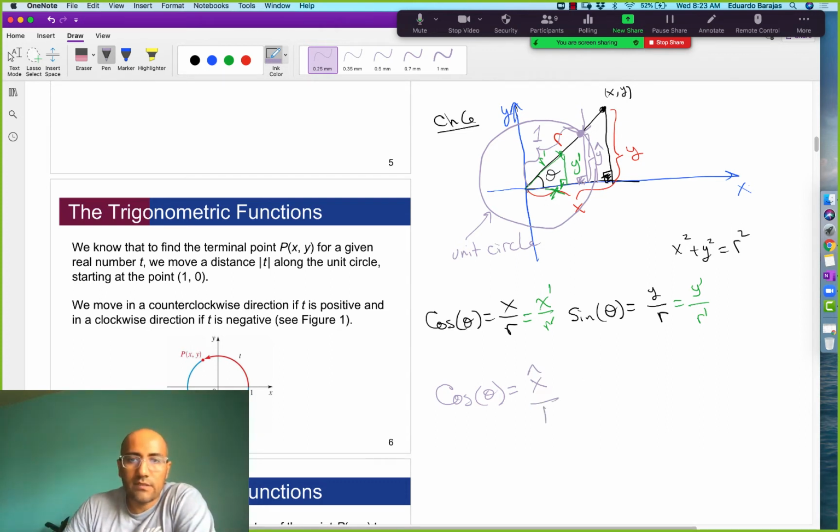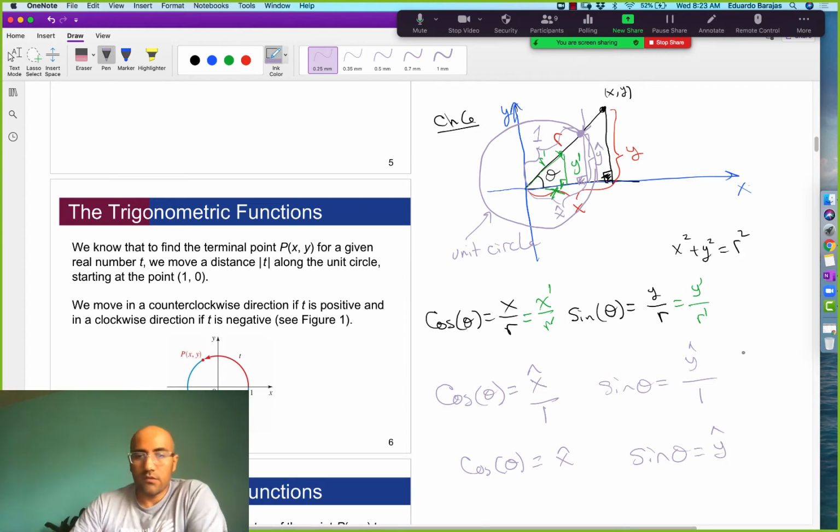So this distance from there to there is x hat. And then sine of theta is equal to y hat over 1. Since it's just over 1, cosine of theta equals x hat, and sine of theta equals y hat.